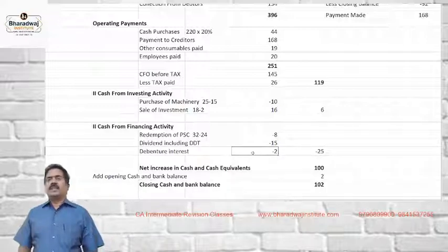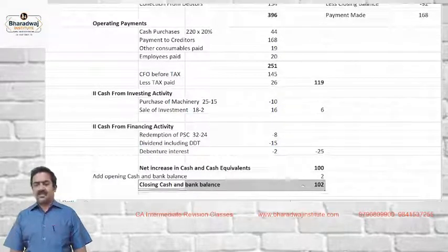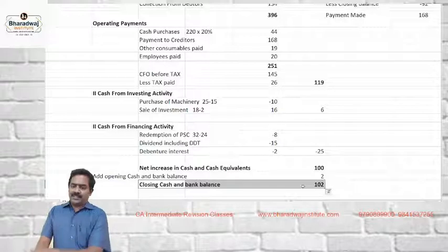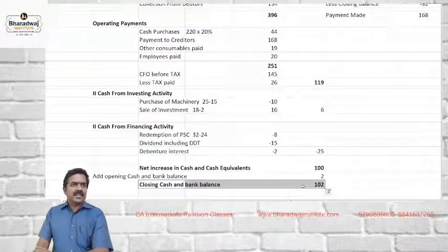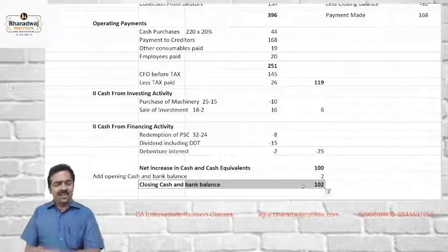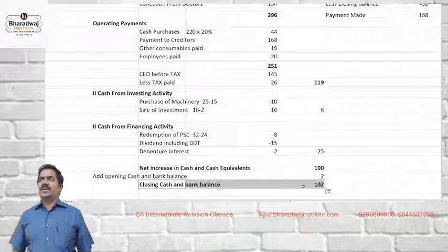But the problem is, in case of this open-ended question, we cannot verify our answer. At least, opening balance of cash, add what? That is net increase or decrease in cash and cash equivalents, it will give you what? Closing balance, we can tally and check. But this 1 or 2, whether it is correct or not, that is only difficulty. But of course, everything is clearly given, like what is collected and what is paid.